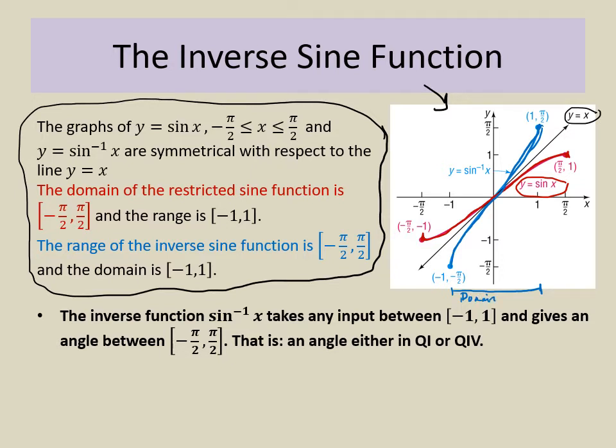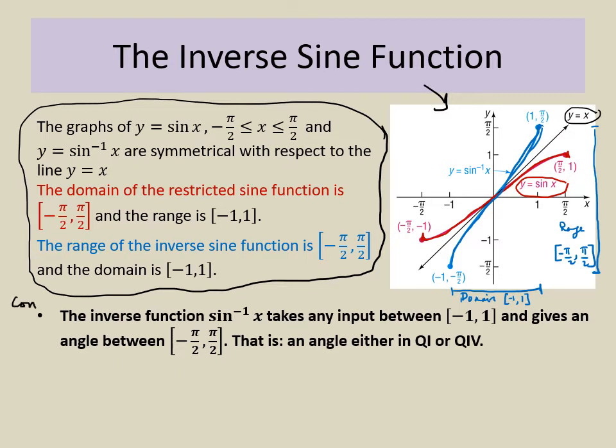The domain is going to be a value from -1 to +1. That is the input. And the range, that's the important one. It's going to be negative pi over 2 to positive pi over 2.